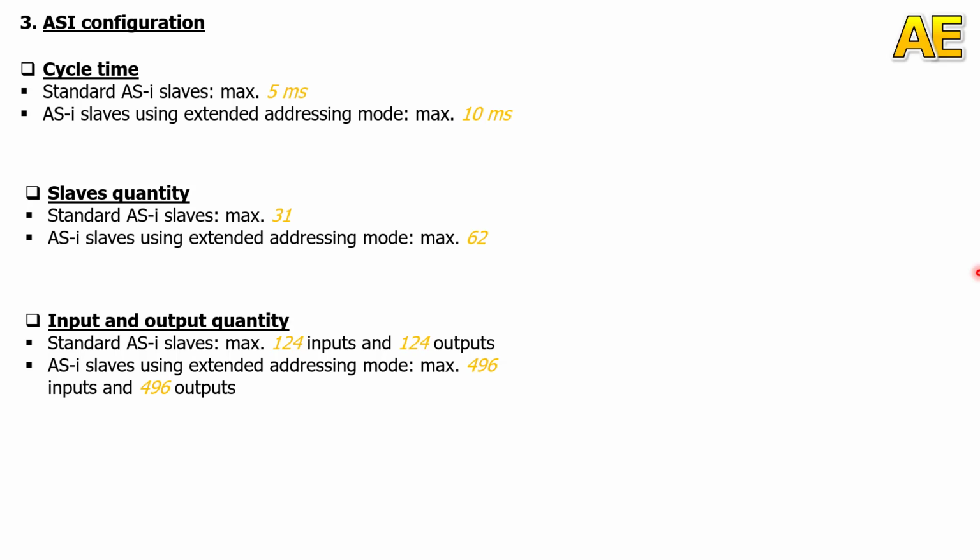A typical actuator or sensor can be connected to the AS-i interface in this way. The modules are used as distributed inputs or outputs. If modules with the extended addressing mode are used, a maximum of 8 inputs and 8 outputs is available per module.